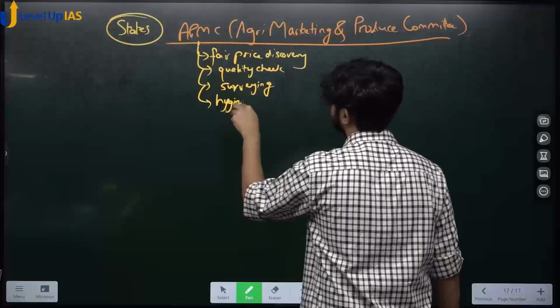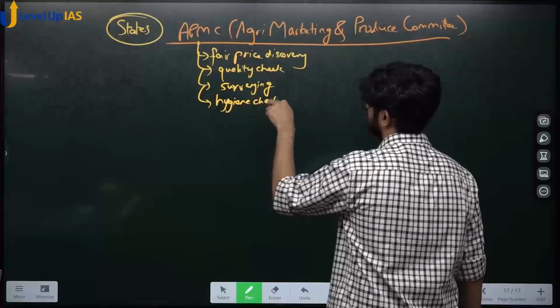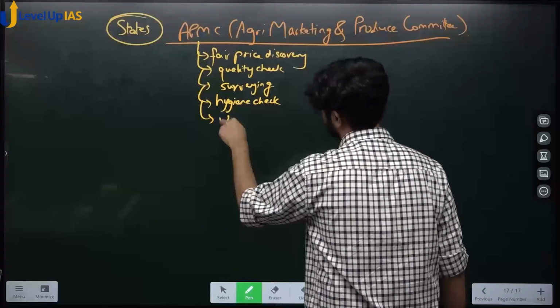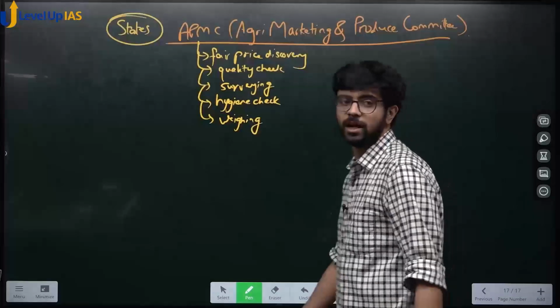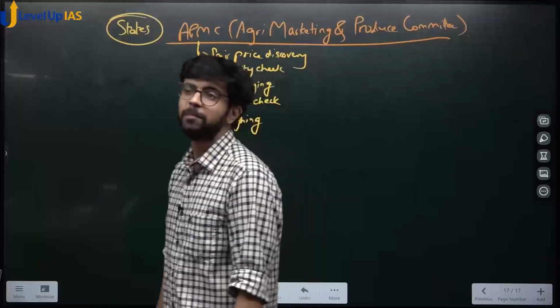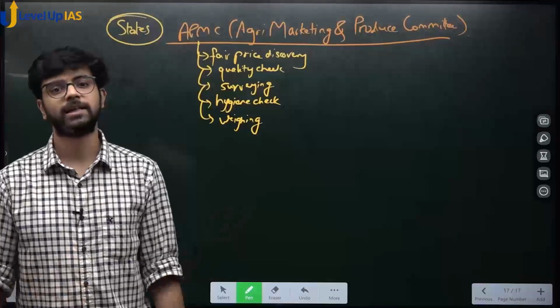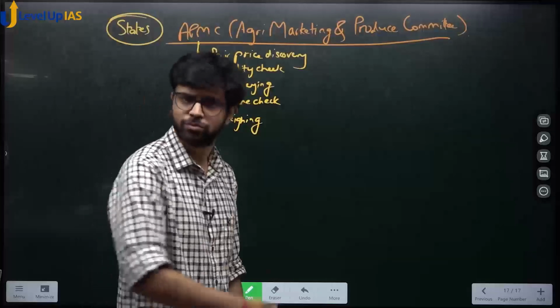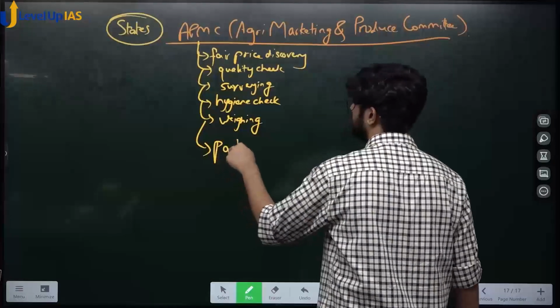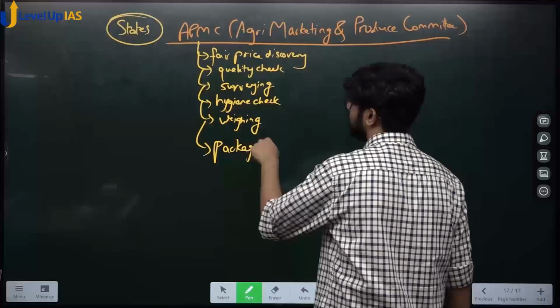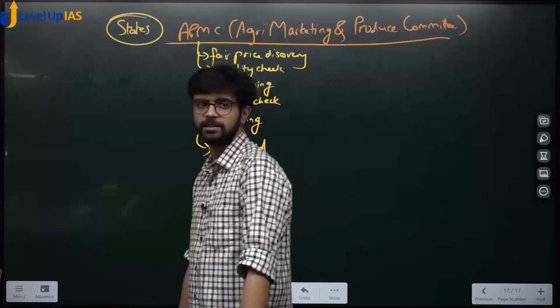Hygiene check, weighing. Now the farmer brought in his truck, but the buyer wants proper packaging. Get it packaged. Everything is here, one stop shop. Good initiative by state governments, right?